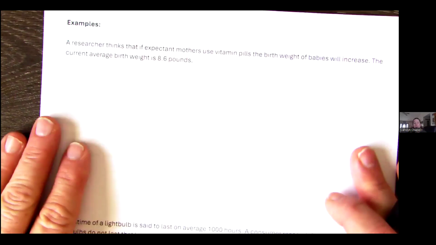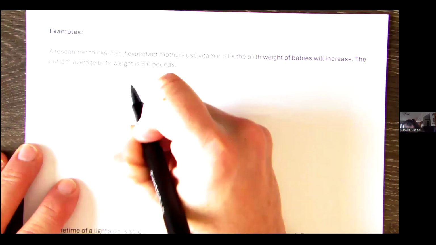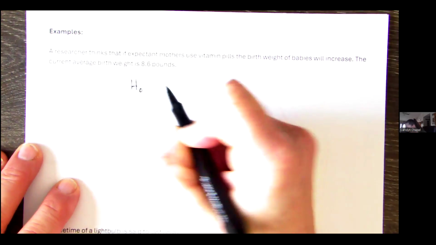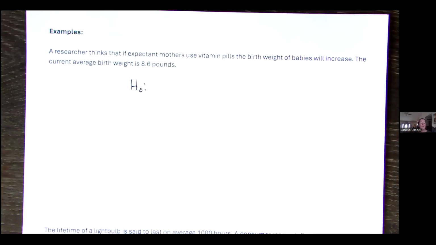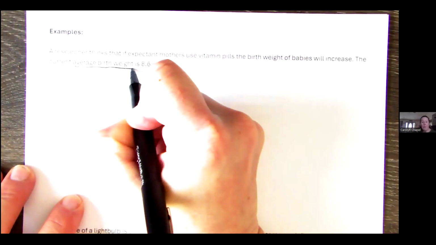The first one that I have is a researcher who thinks that expectant mothers who use vitamin pills will increase the birth weight of their babies. The current birth weight of babies is 8.6 pounds. For the null hypothesis, first of all, we have to identify the parameter that we're talking about, and we are talking about average birth weight.